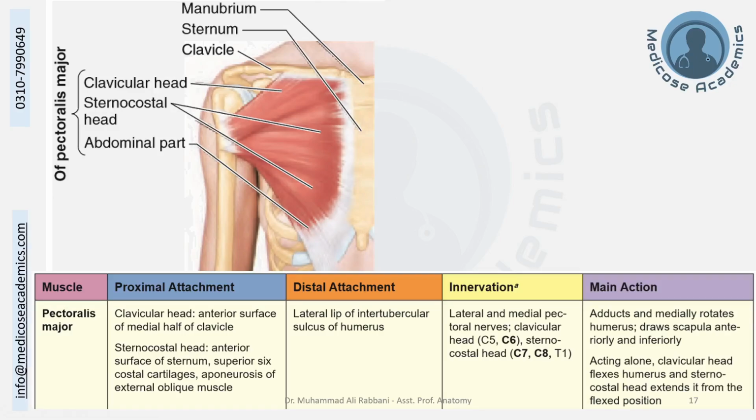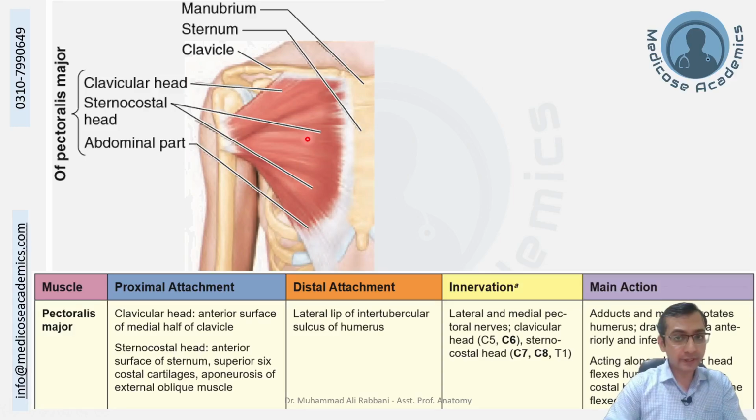First up is pectoralis major muscle. I will be using pictures from Grant's or Keith Moore's textbook, and the tables are from Keith Moore's textbook of gross anatomy. So pectoralis major is the huge triangular muscle that lies in front of your chest beneath the breast tissue.